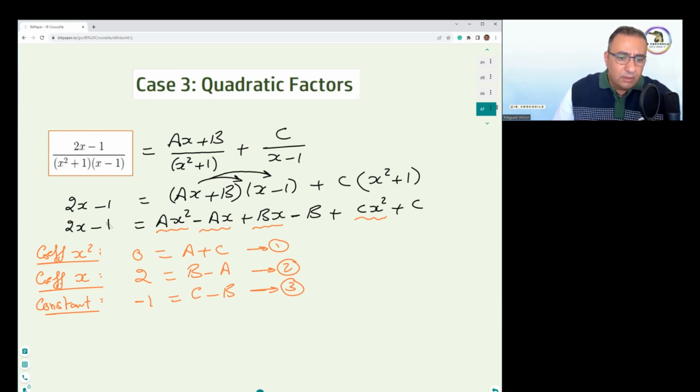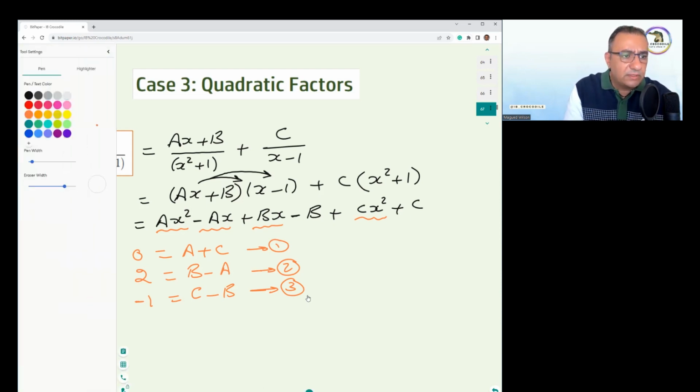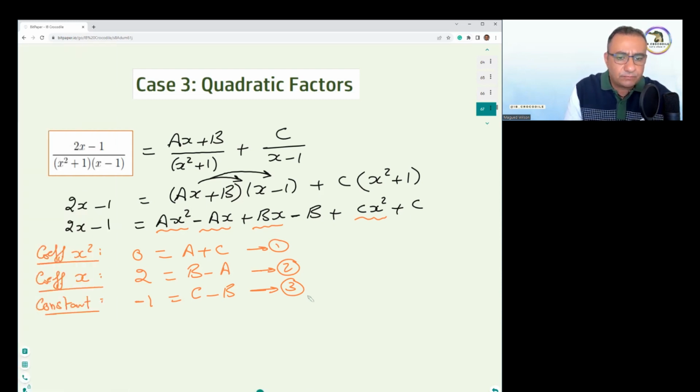Okay, let's see what we can do here. From equation 1, we can say that a is equal to negative c. You can just bring c to the other side with a negative sign. And then if you plug in a with negative c, you will have 2 equations in b and c only.